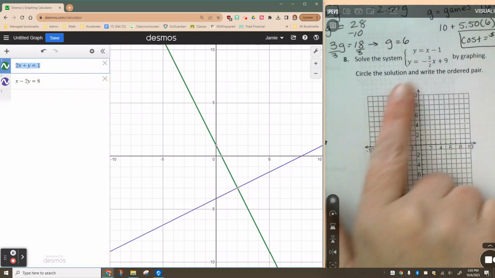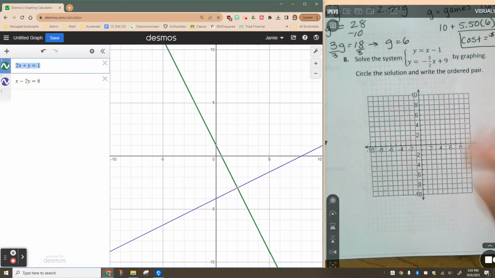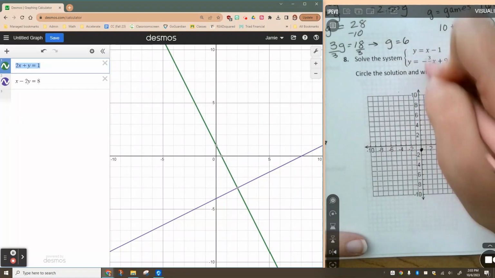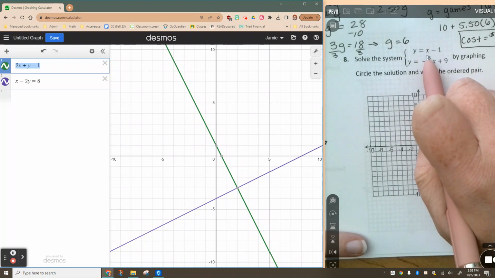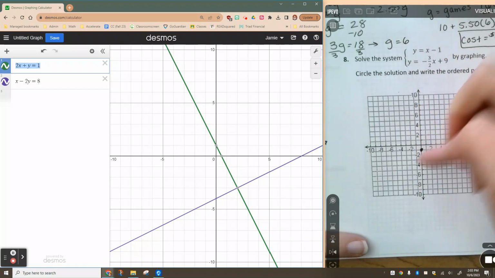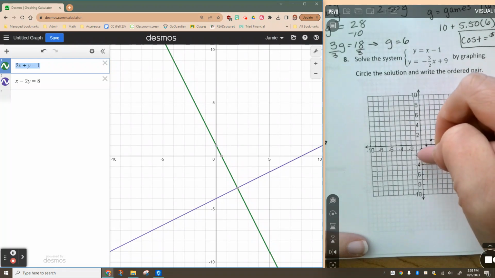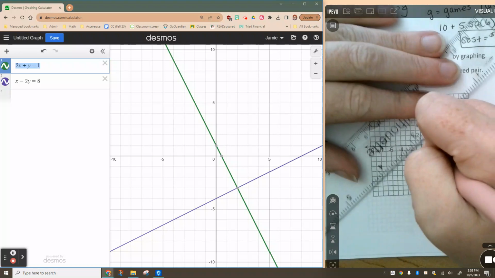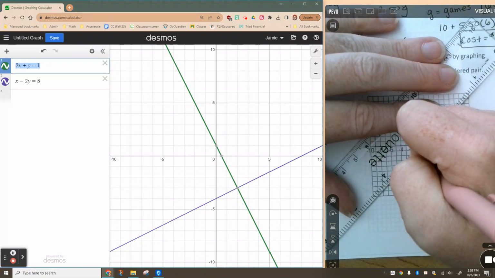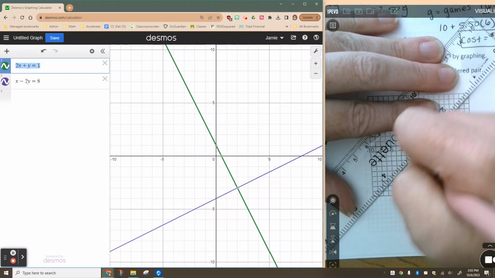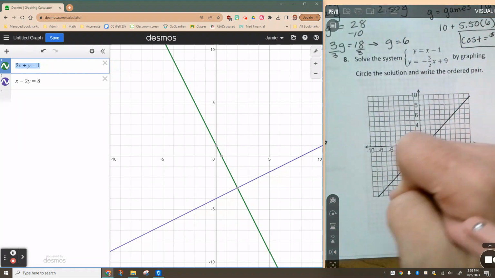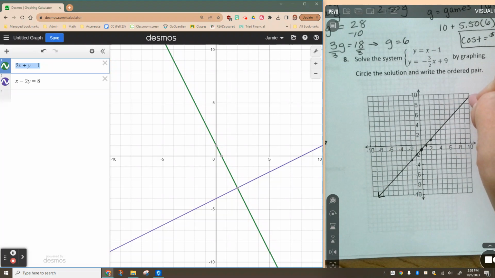Okay, we're going to do the same thing with number 8. Now, this is easier because they're already in slope-intercept form. I should be able to start at -1, and there is nothing in front of x, so my slope is 1, and I should be able to go up 1 and right 1. And, yep, my slope is 1. We're just going to do this.